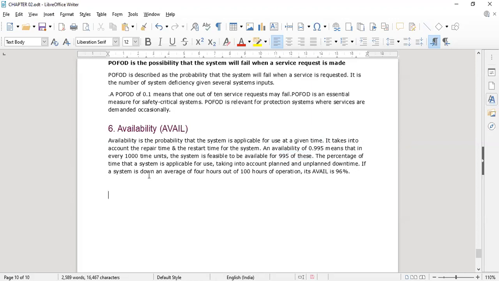For example, if a system is down an average of 4 hours out of 100, its availability is 96%. Likewise, in a 10-hour working period, if the system is down for 4 hours, how much is it available for you? Your availability is 96%.